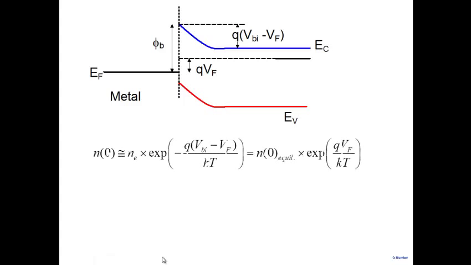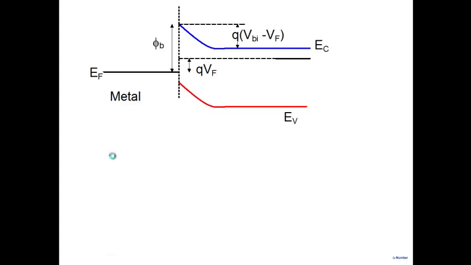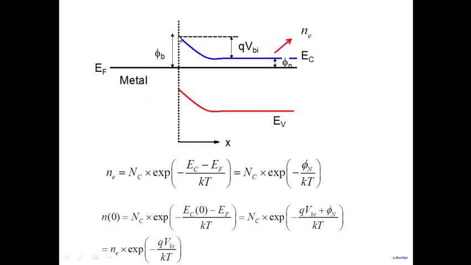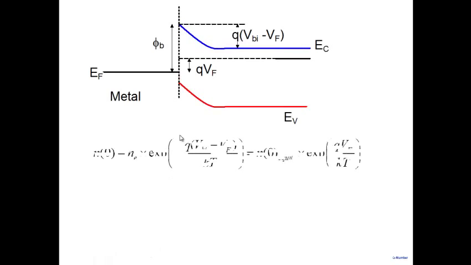Now here, when I came here, I wrote N0. So what I'm getting from here is that number of electrons here is equal to number of electrons here multiplied by the barrier. Exponent times the barrier here, right? I'm using the same equation now and saying N0 is Ne exponent, the same barrier here. I used the result from equilibrium and I applied it to non-equilibrium situation, right?